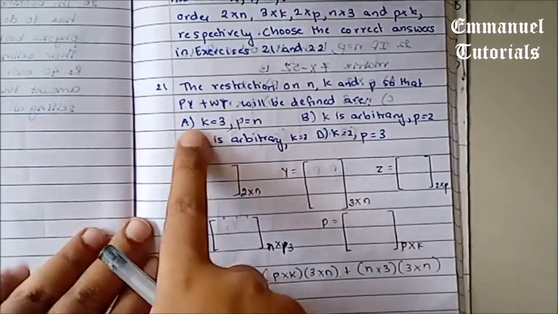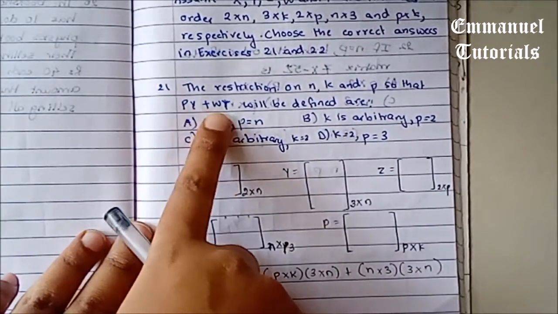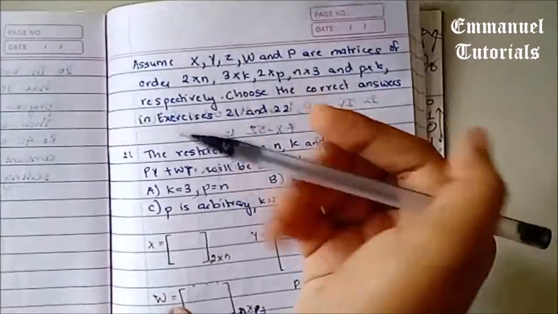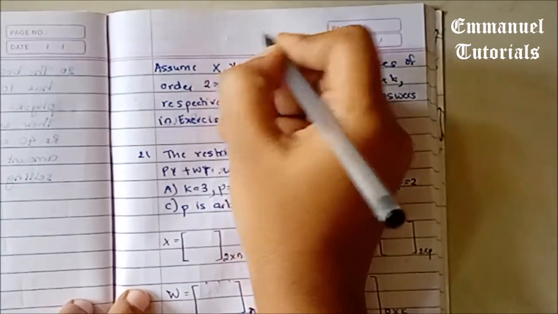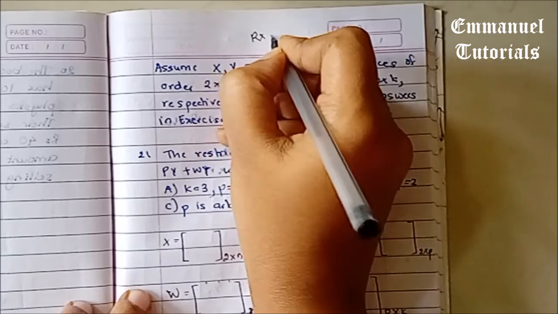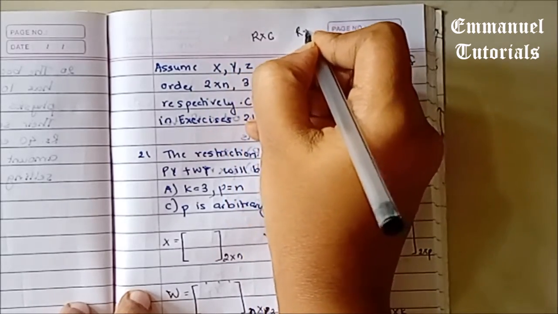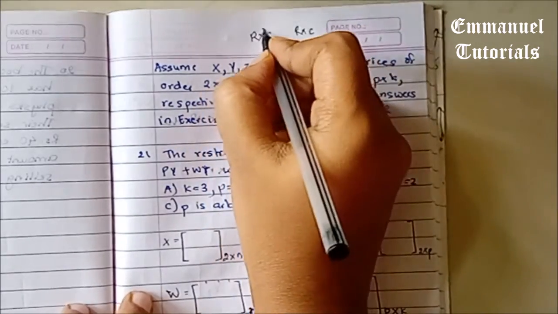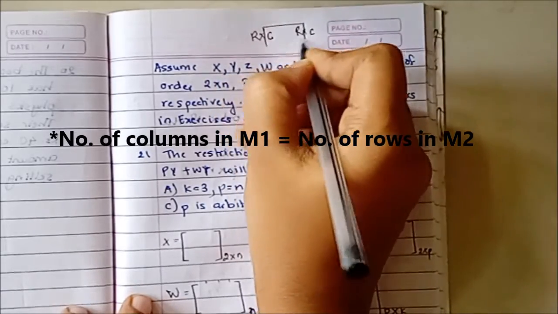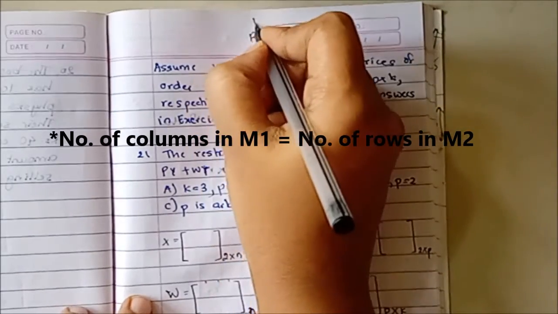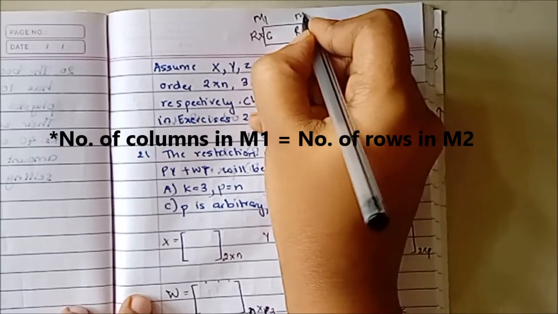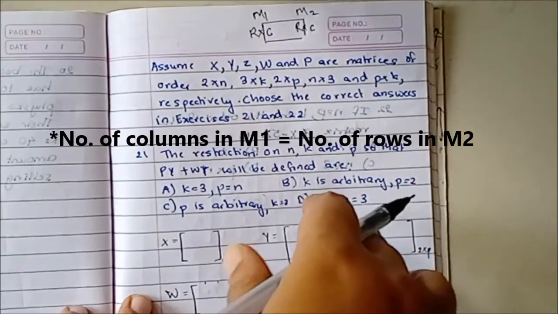Now we know that multiplication of two matrices is possible only when, row cross column, multiplication is possible only if the columns of the first matrix are equal to the rows of the second matrix.